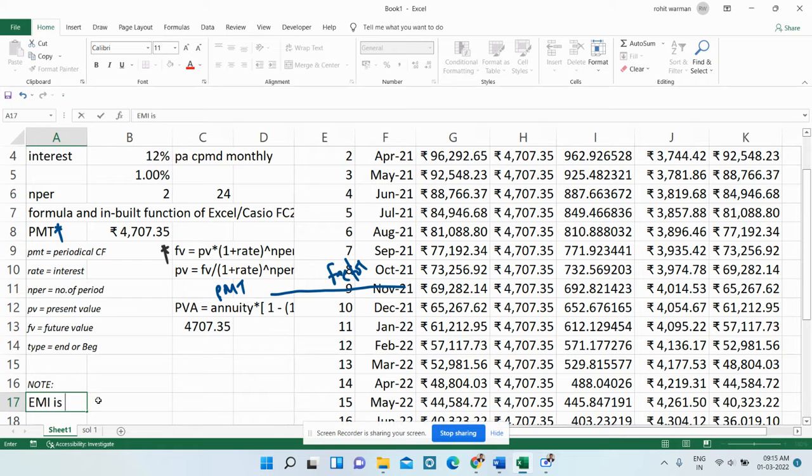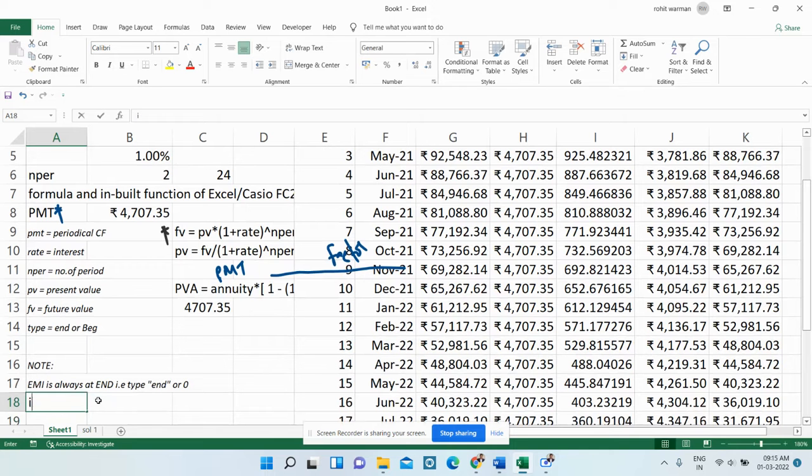EMI is always at the end, that is type zero always. And interest rate is by default compounding monthly.